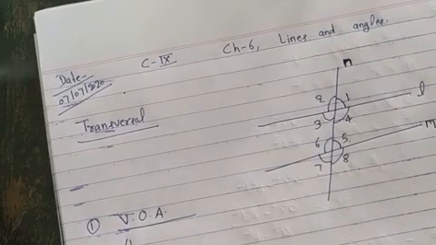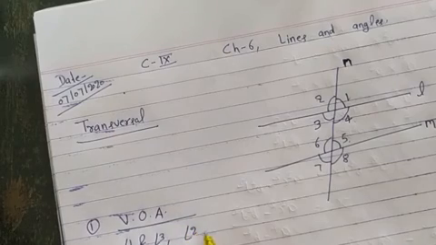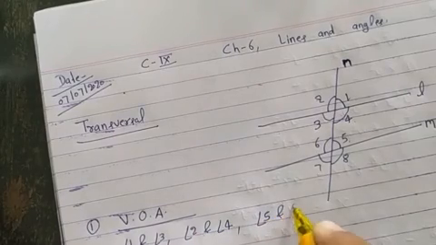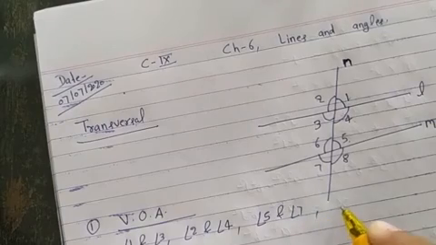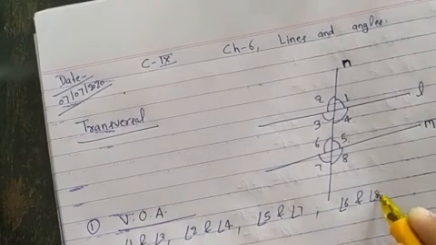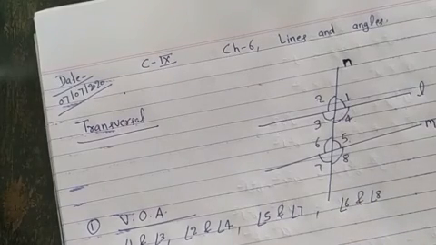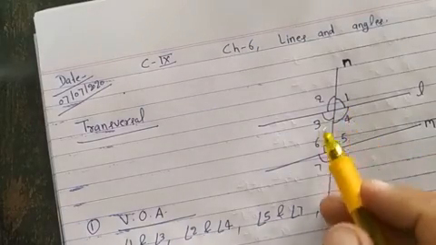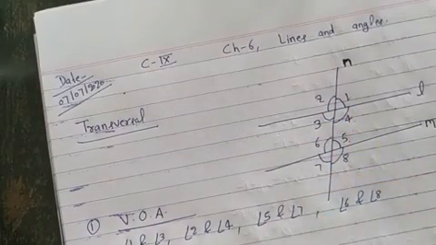Angle 1 and angle 3, this is the first pair. Angle 2 and angle 4, second pair. Angle 5 and angle 7, third pair. And last, angle 6 and angle 8. These are 4 pairs forming vertically opposite angles.